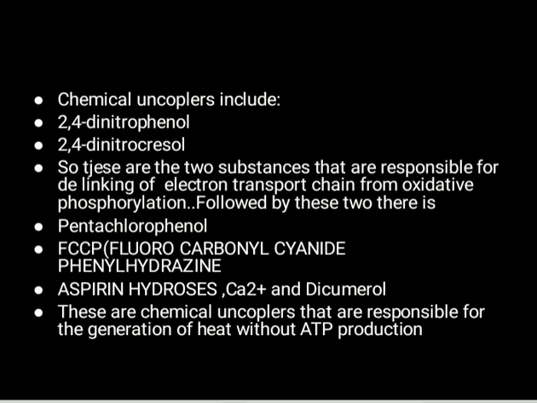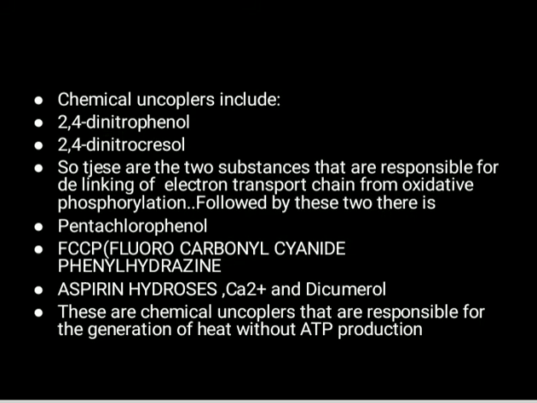So what are uncouplers? They are chemical substances, some physiological and some chemical, which are responsible for the production of heat without the production of ATP, because they make the mitochondrial membrane permeable to hydrogen ions. When the membrane becomes permeable, there is no membrane potential.